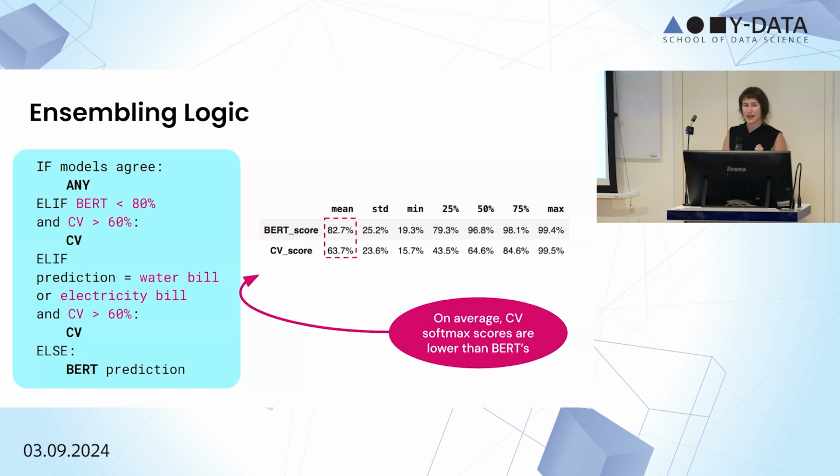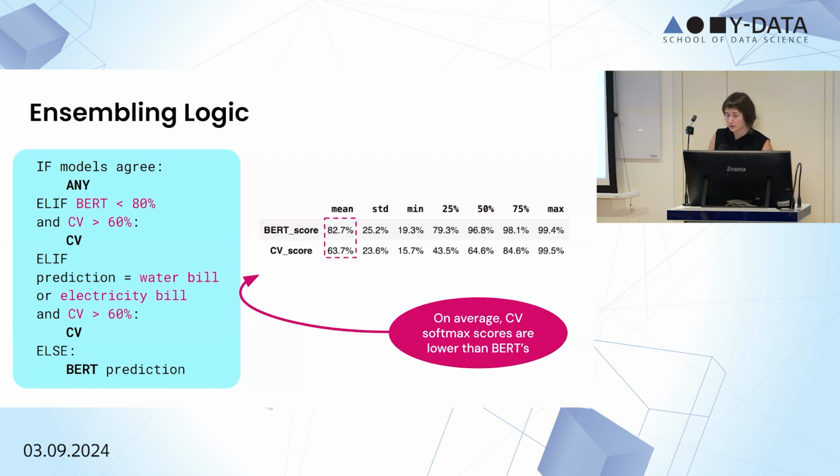If models disagree, and BERT predicts something with a confidence below average, and computer vision with a confidence above average, then we use the computer vision prediction. Or if the category predicted by computer vision is either water bill or electricity bill, the categories which have very strong visuals, then we're taking the computer vision predictions.